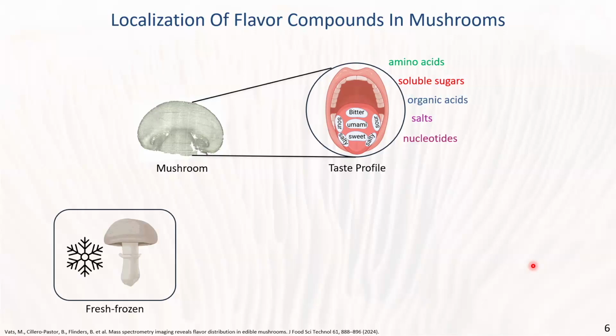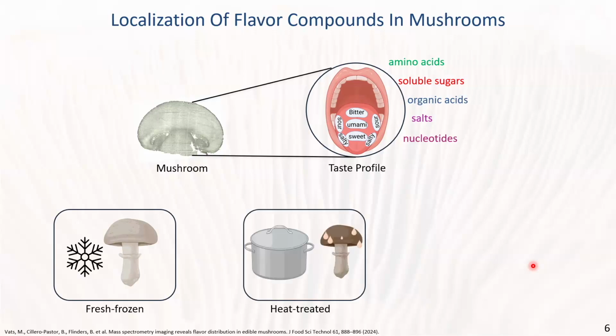So what I did was I made cross sections of fresh frozen mushrooms. However, we don't always just eat the fresh mushrooms. It's good to know the distribution in a natural state, but we often cook them or bake them, or they're on our pizzas and soup. So it makes sense to also look at heat-treated mushroom.